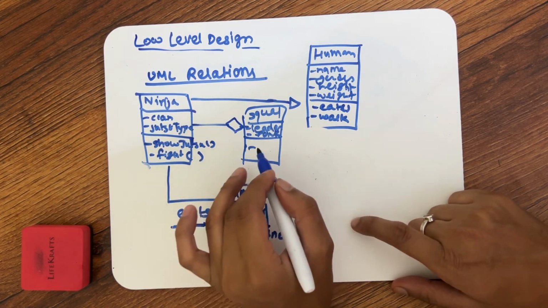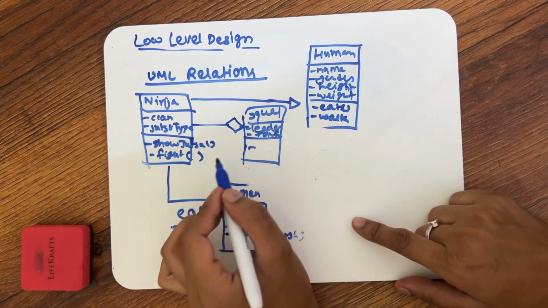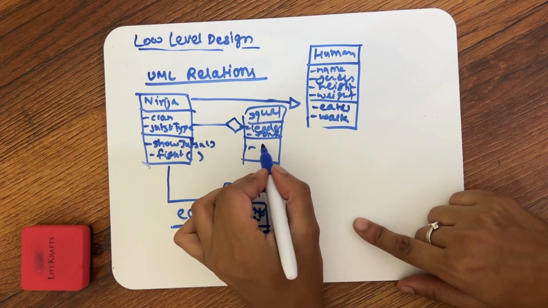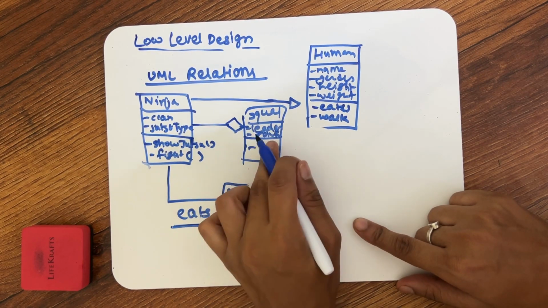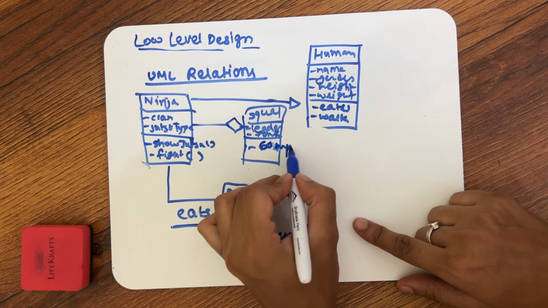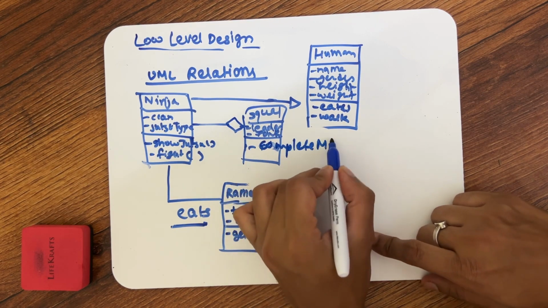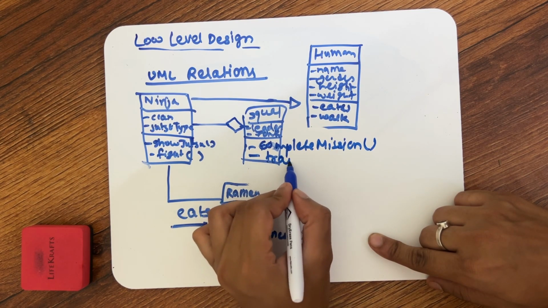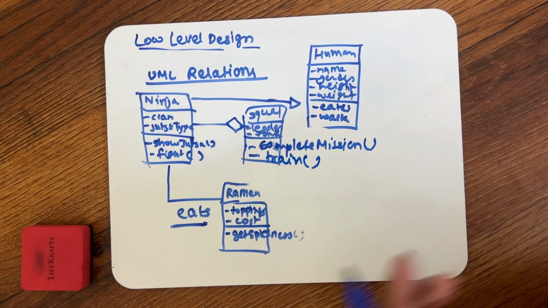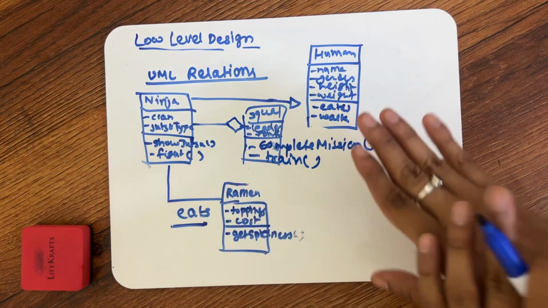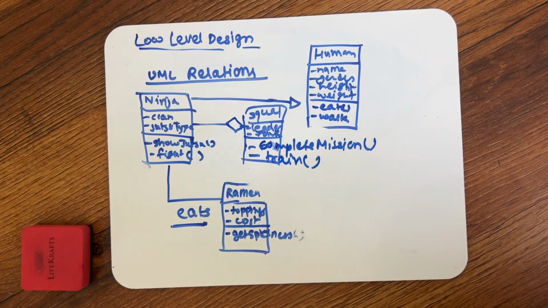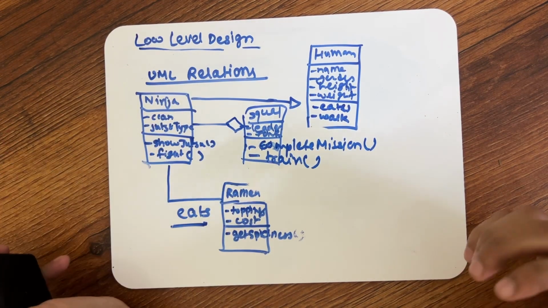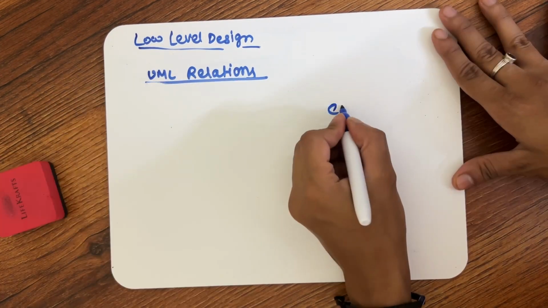And what actions can squad perform? Squad can basically go into mission, complete mission, squad can train. So those things squad can do. So it is basically a kind of aggregation. Now let's go into one of the last relationships, that is composition.